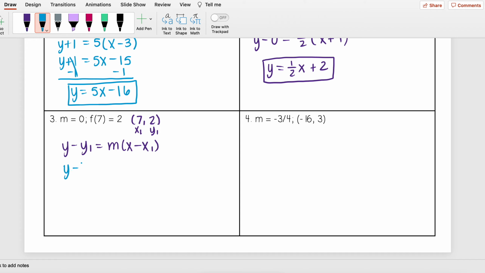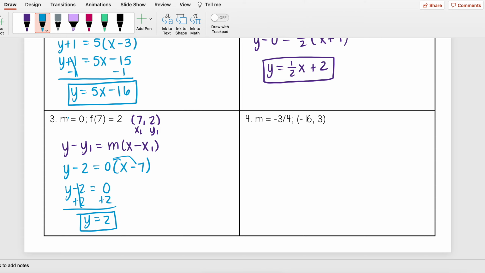So I have y minus y1, which is 2, is equal to m, which is 0, times x minus x1, which is 7. So I have y minus 2 is equal, well, 0 times x is 0, 0 times -7 is 0. So all I get on the right-hand side is 0. Now add 2 to both sides, and I get that y is equal to 2.